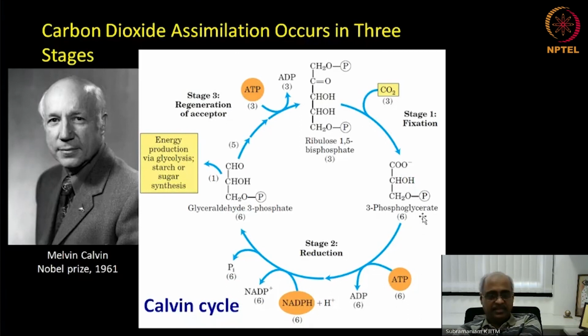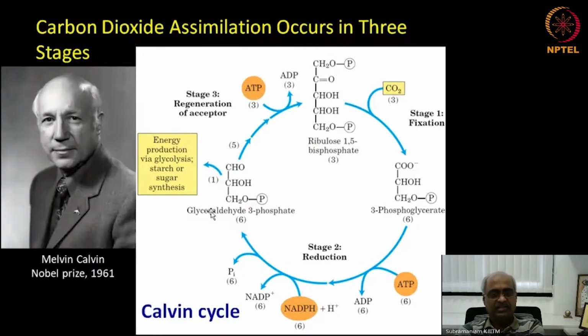And next there is a reduction reaction because the end product is 3-phosphoglycerate. This we saw in the reverse order in glycolysis. Glyceraldehyde 3-phosphate became 1,3-bisphosphoglycerate. That's what it forms. So that phosphoglycerate is what we are seeing here. In glycolysis, it was the opposite direction. So now it is in this way.